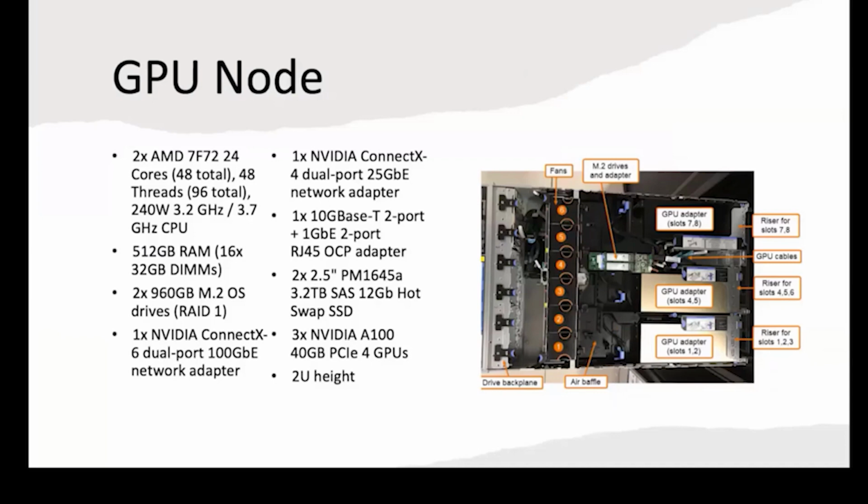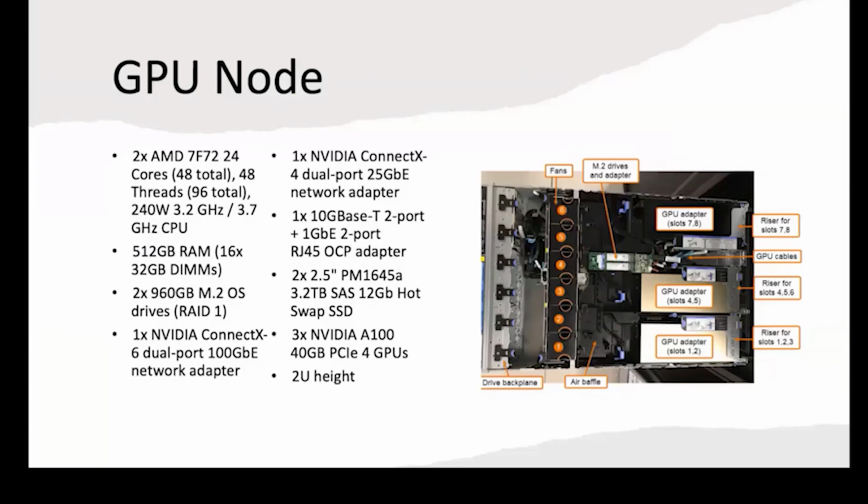The RAM in the GPU node is 512 gigabytes, and like the storage compute servers, it has a pair of small M.2 drives where the operating system is installed. It has the same network adapter cards as the storage and compute server and a similar OCP adapter for connecting to the management network. In addition, it has a pair of 3.2 terabyte drives for local storage.